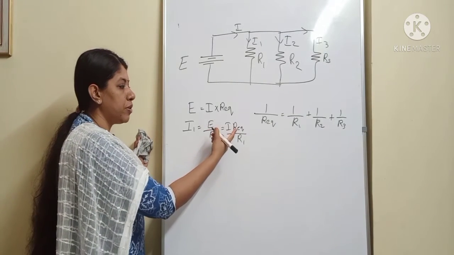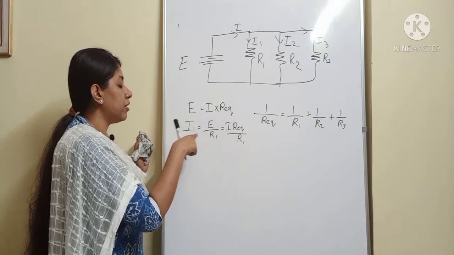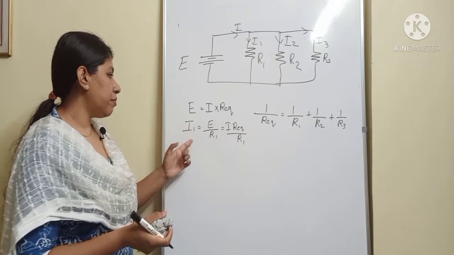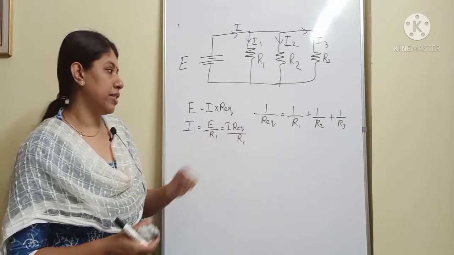Then we have to substitute the value of R equivalent in this and divide it by the resistance of that particular branch we are considering. So I1 is the main current into R equivalent by the resistance through that particular branch.